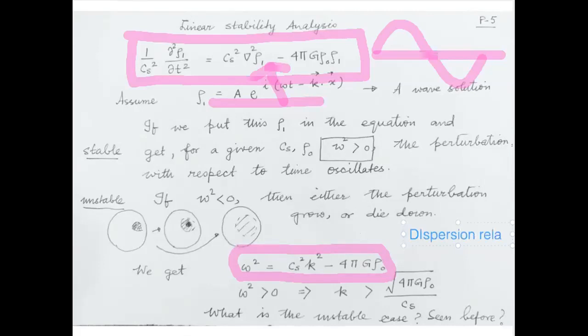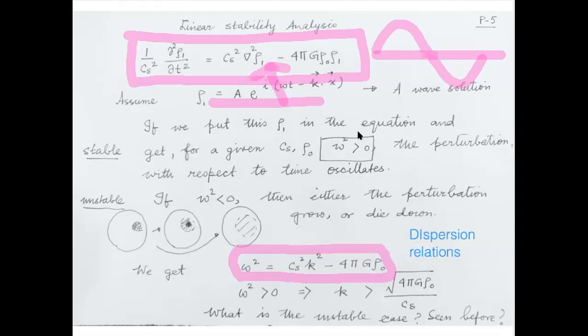The reason it is called a dispersion relation is it essentially tells you, given the size of the wave, how fast it will move. Anyway, that's a different discussion. We will come back to it in the next class, where we will discuss the dispersion relation of a completely different wave, and we'll see what the consequence of that is.